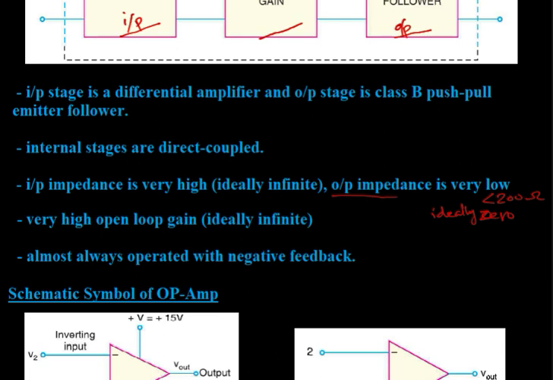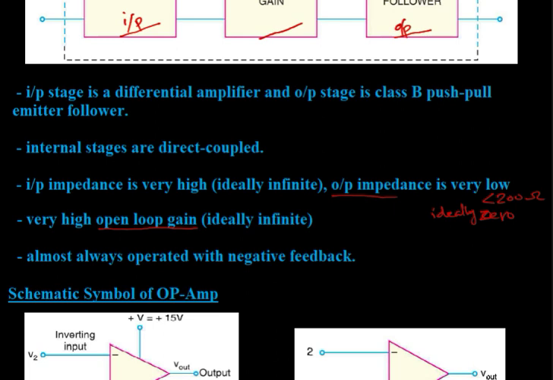If you consider the voltage gain, especially the open loop gain, this term we already discussed while discussing feedback amplifiers. When there is feedback in an amplifier, the amplifier circuit and feedback circuit form a closed loop. So the gain of an amplifier with feedback is called the closed loop gain, and the gain of an amplifier without feedback is called the open loop gain.